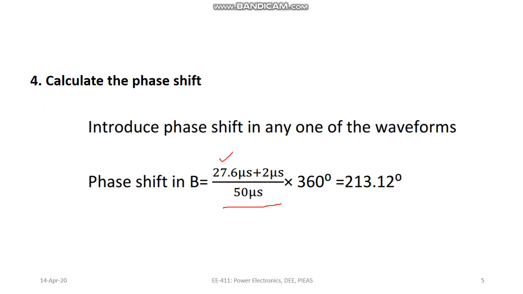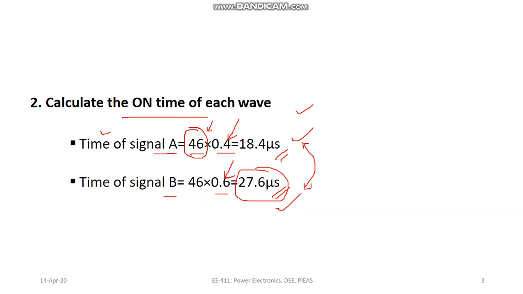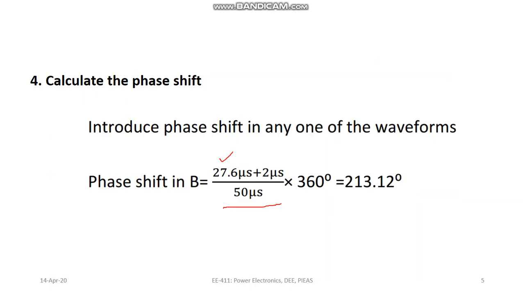So its time period, which was 27.6 microsecond plus 2 microsecond, divided by 50 and multiplied with the complete 360 degrees. So this is the phase shift that I will introduce into this waveform B. Alternatively, I can also introduce the phase shift in waveform A by using its time period.